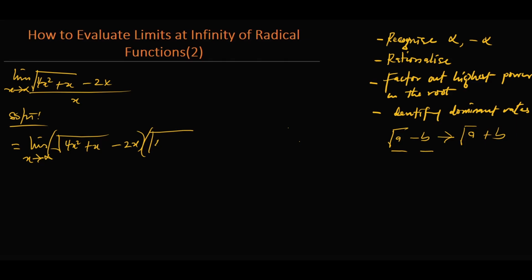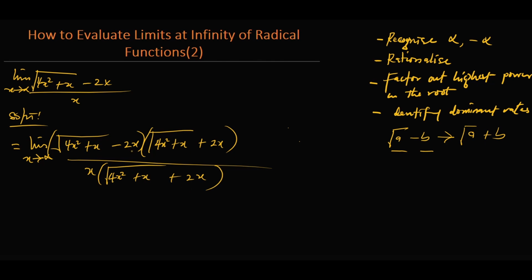So we are going to have root 4x squared plus x plus 2x, which is the conjugate. We are multiplying the denominator by the conjugate, which is root 4x squared plus x plus 2x.